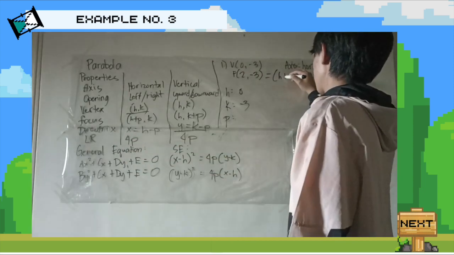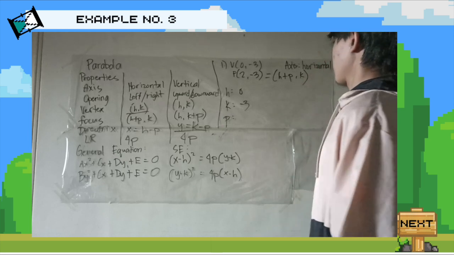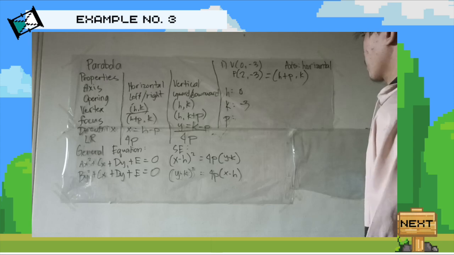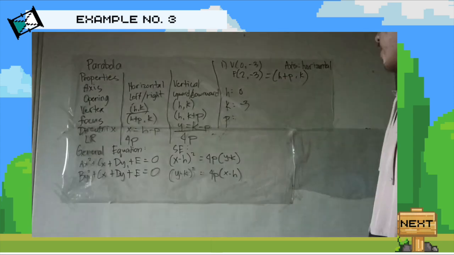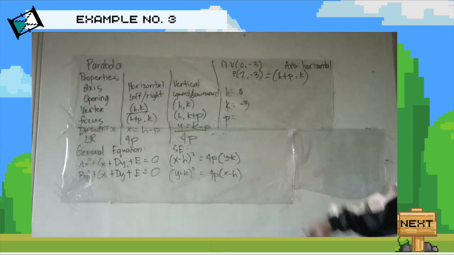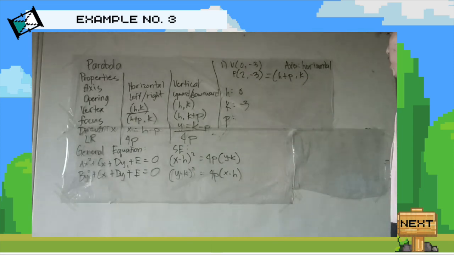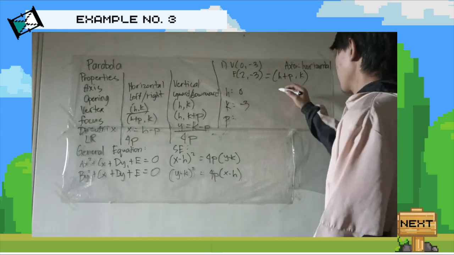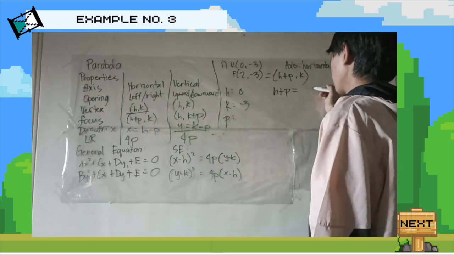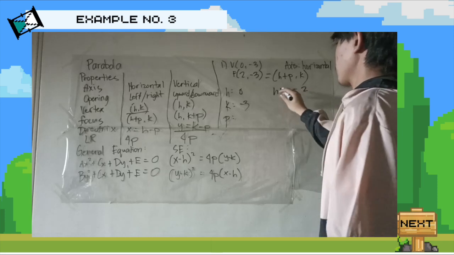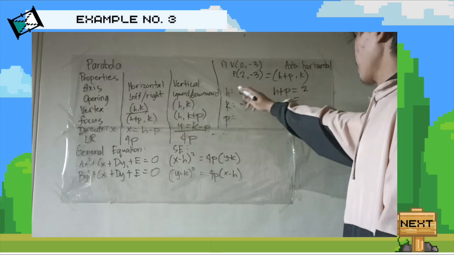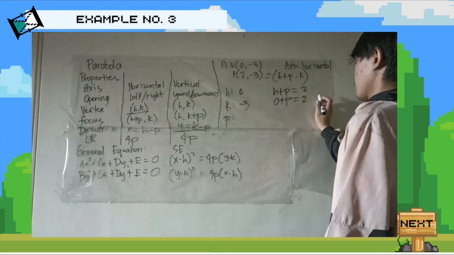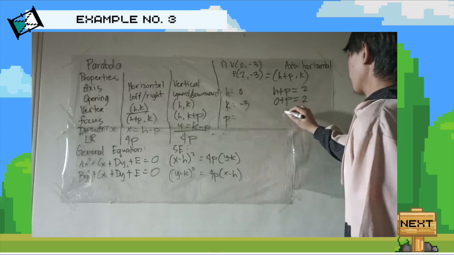So the formula of focus is h plus p. So how do we get the p? By the formula of focus, right? We will just have to use the substitution method. Like h plus p is equal to 2. Substitute available values. So we have h, so 0 plus p is 2. So therefore our p is 2.